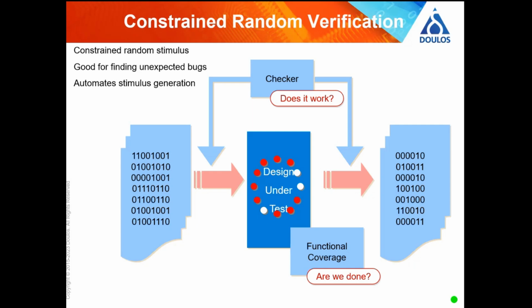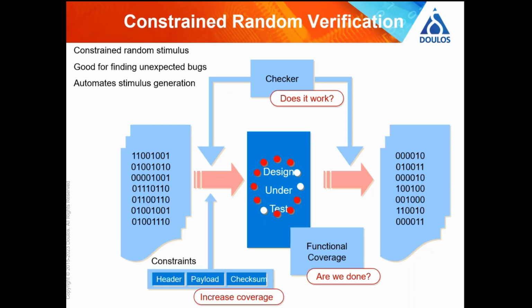And then the next thing is, what do you do if you haven't got 100% coverage, if there are things that haven't been tested yet? There's an iterative process now, a feedback. You run your random tests, you discover you haven't tested everything, and you need to decide what to do next. That could be running the test for longer. Just run the test for twice as long, and you probably will get what's called better coverage.